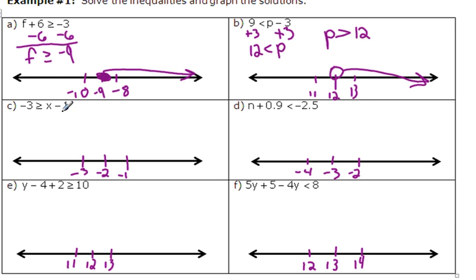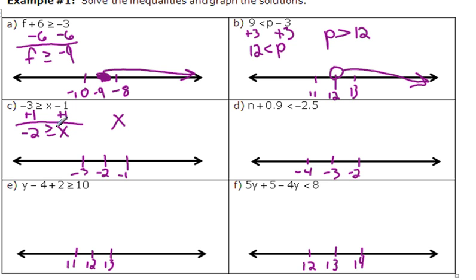So look at C, it's the same idea. Here I want to get the x alone, so I'm going to add 1. Negative 3 plus 1 is negative 2, is greater than or equal to x. Again, I always want the variable on the left side.